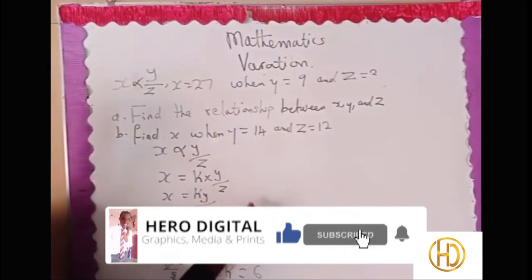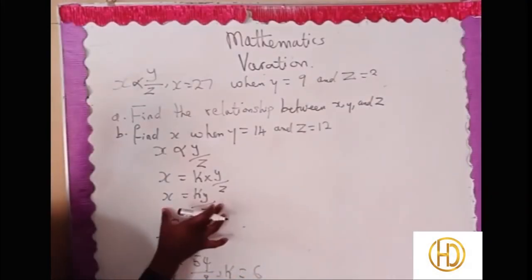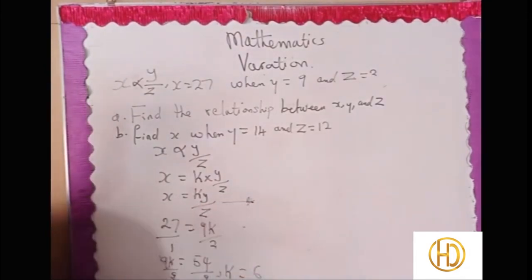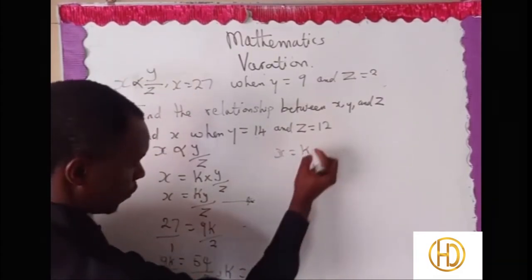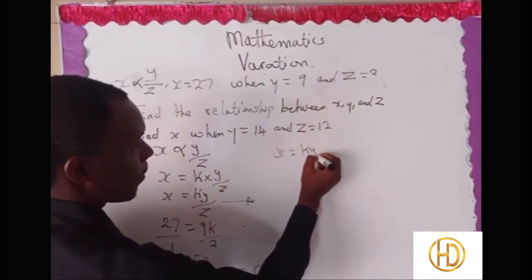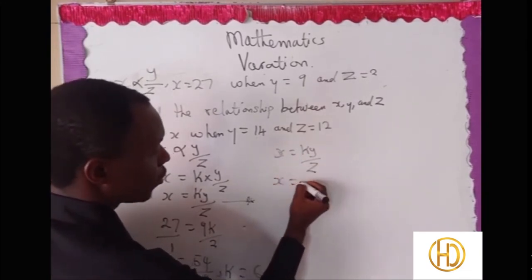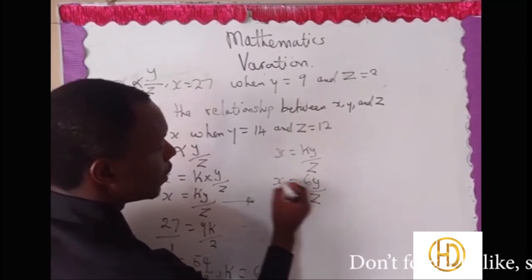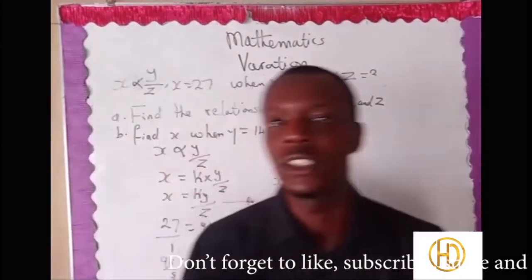Come back to the formula again to have your final formula, which is s equals ky over z. So finally we have s equals, what is k now? 6y over z. So this is the formula connecting s, y and z.